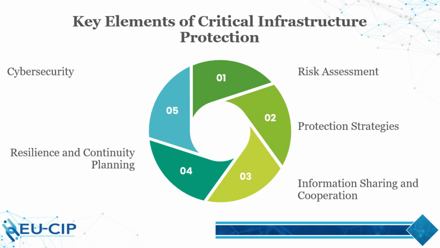Critical infrastructure should be designed, operated, and maintained to be resilient to disruptions. This includes redundancy, backup systems, emergency response plans, and effective communication channels to minimize the impact of disruptions and ensure continuity of essential services. E.